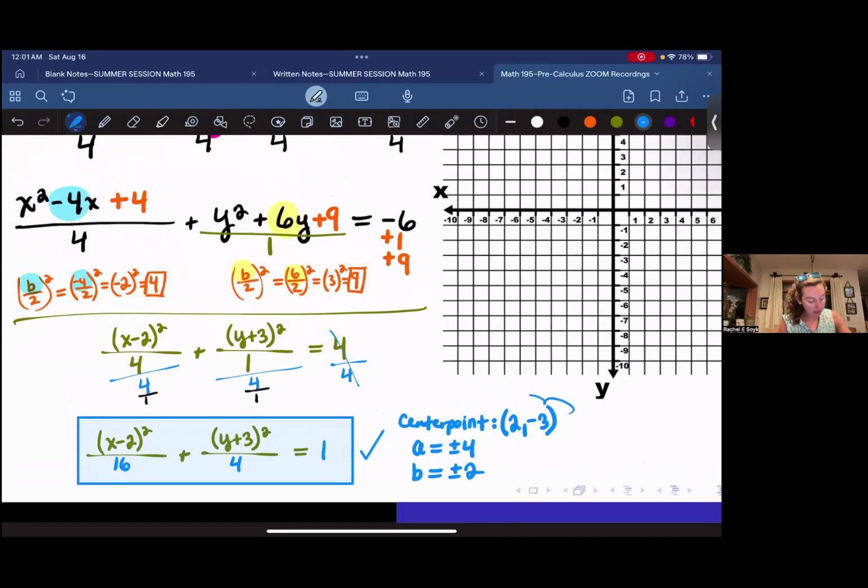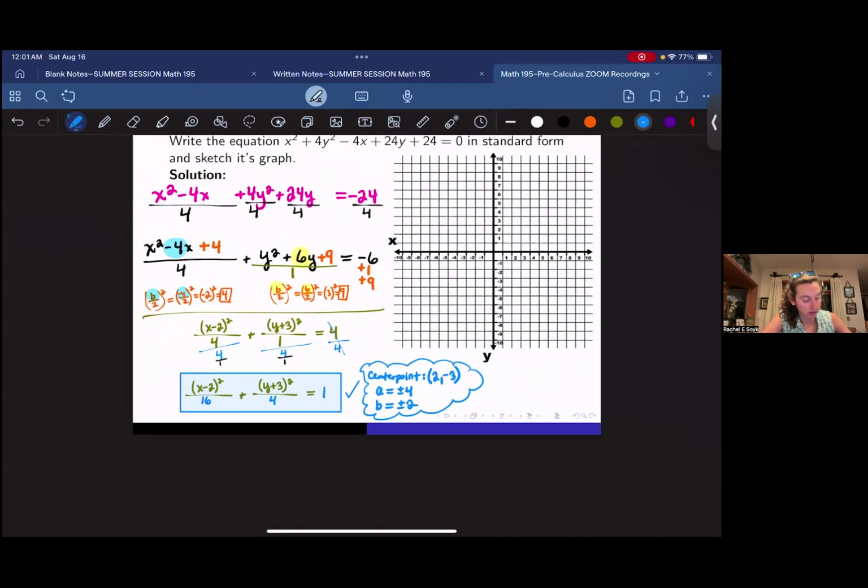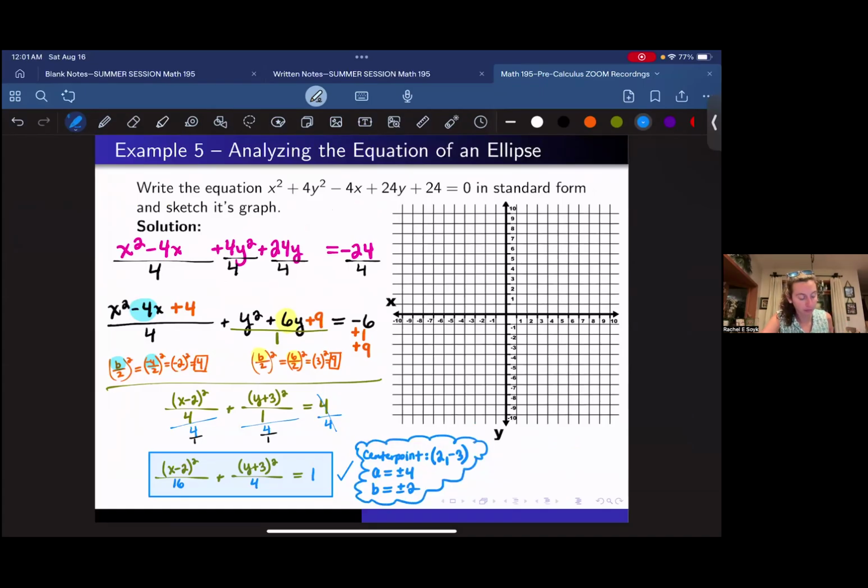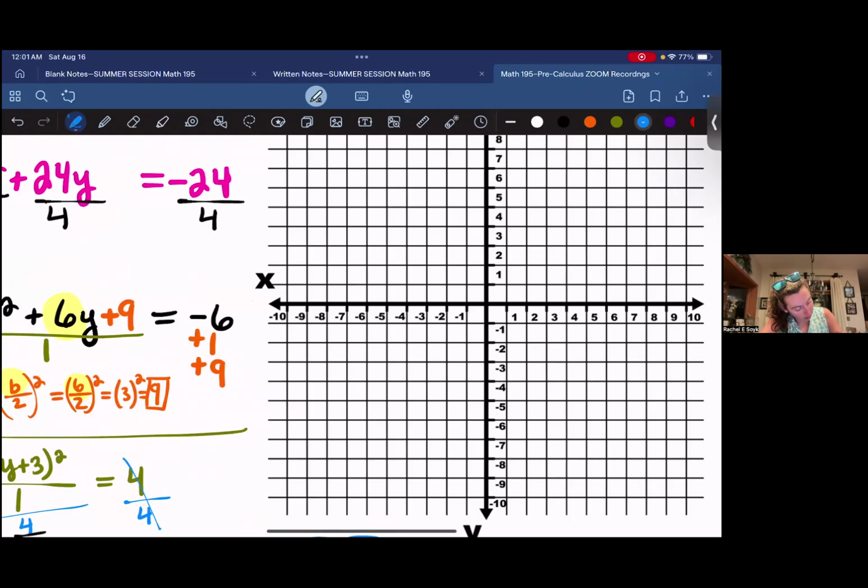So last but not least, we're also asked to sketch this out. So let's go ahead and do that on this graph over here. And so let's plot our center point, 2 comma negative 3.